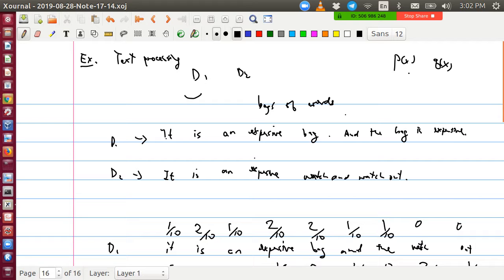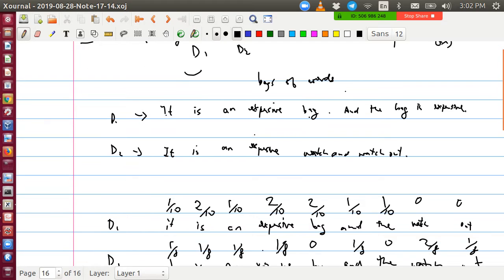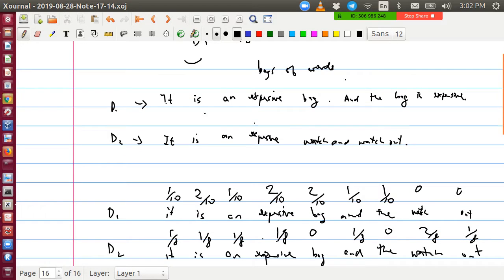And we have mentioned several examples. The last example, near the end, is that we can use it for text search, for example, or document comparison. So for example, you have two documents here, and we can create a bag of words kind of distribution. For example, document one is "an expensive bag, and the bag is expensive."